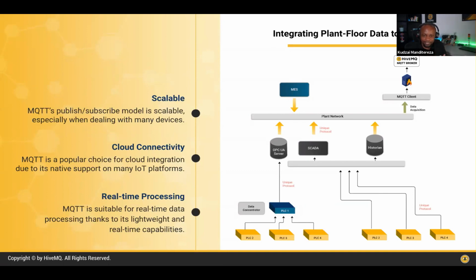Typically you'd have point-to-point connections between your enterprise software and your OT tools or systems. What you want to do here is use a publish-subscribe pattern of communication, so that cloud connectivity or IT connectivity is not dependent on the direct coupling between these two applications.